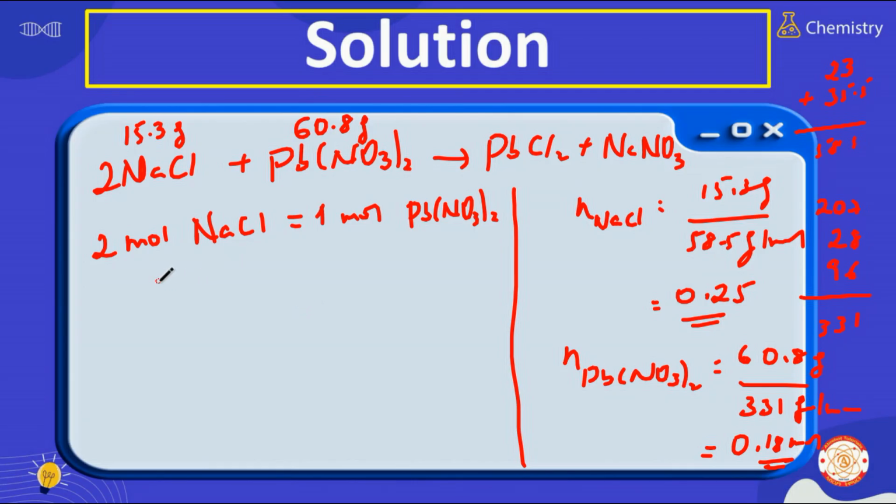So I'm going to take a mole of sodium chloride. So if I have 0.25 moles of sodium chloride, what mole of lead 2 nitrate is needed?